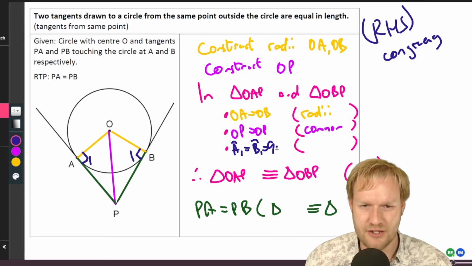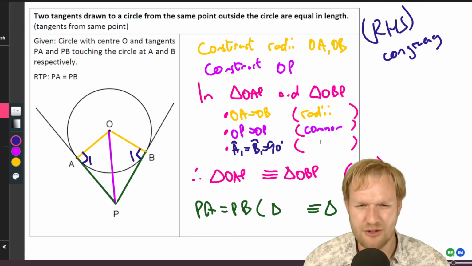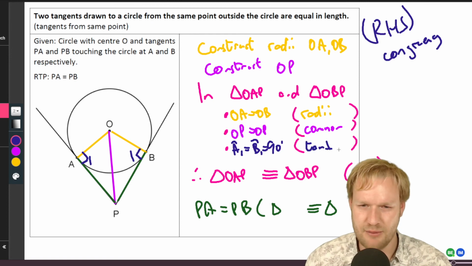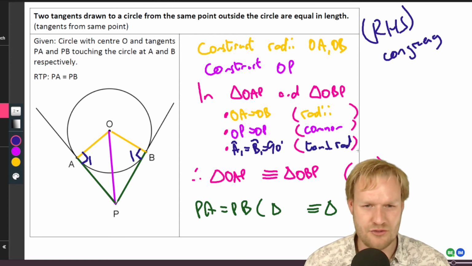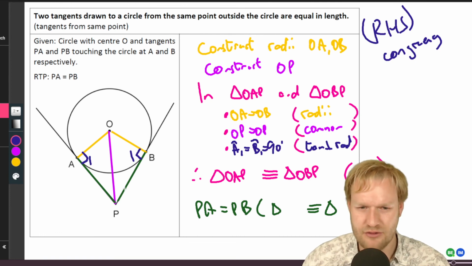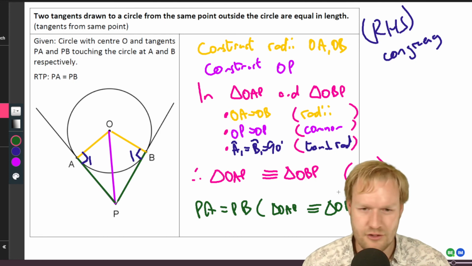The key bit is that we know they're equal because they're 90, so our reason is tan rad. And that's the last bit, because we know therefore that PA equals PB because those two triangles are congruent.